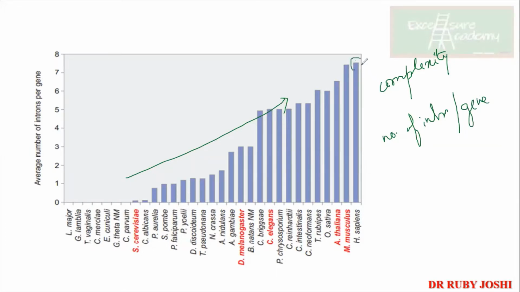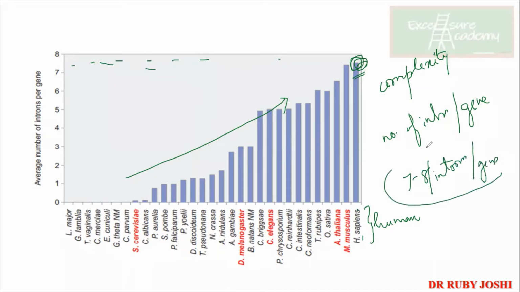In the case of humans, the last one, Homo sapiens, you can see that it has the maximum number of introns per gene. If we tally it a little, around 7 to 8 introns are present in one gene in the case of humans.